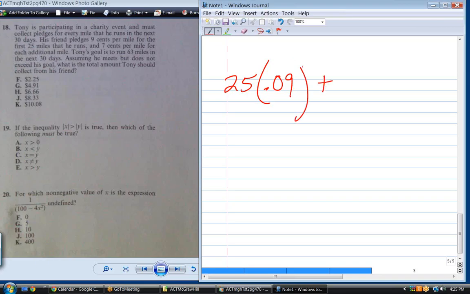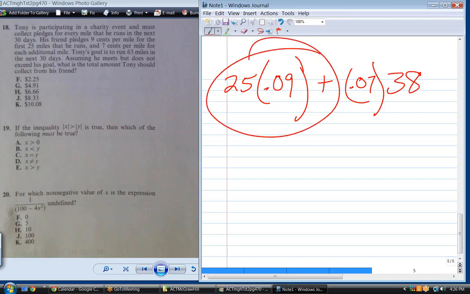Okay, plus 0.07x. Not x. In other words, if he runs 63 miles, how many of those 63 miles is he getting 7 cents per mile on? 38. There you go. So whatever that plus that is your answer.